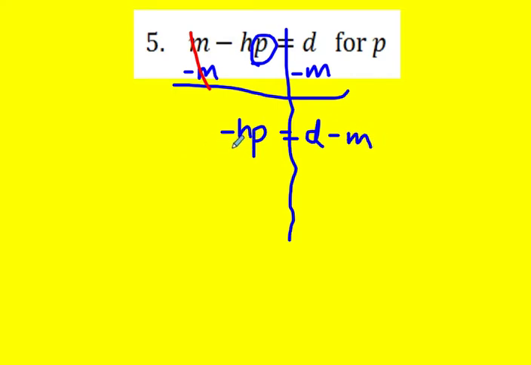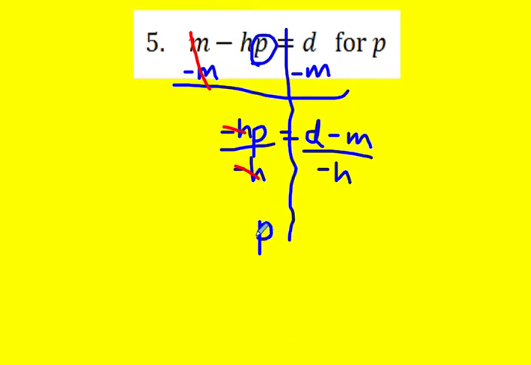And now I need to get rid of this negative h. These are being squished together, so that means they're being multiplied. So I will get rid of that by dividing. So I'm going to divide both sides by negative h. So the negative h's on the left-hand side are going to cancel out, leaving me with just p.